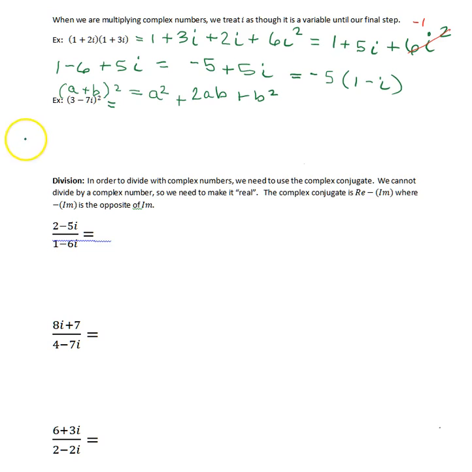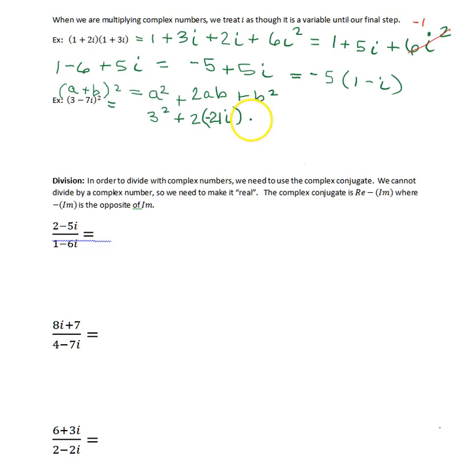So I'm going to have a 3 squared, my 3 squared, plus 2 times 21i, because I have my 7 and my 3, and that's going to be a negative 21i.